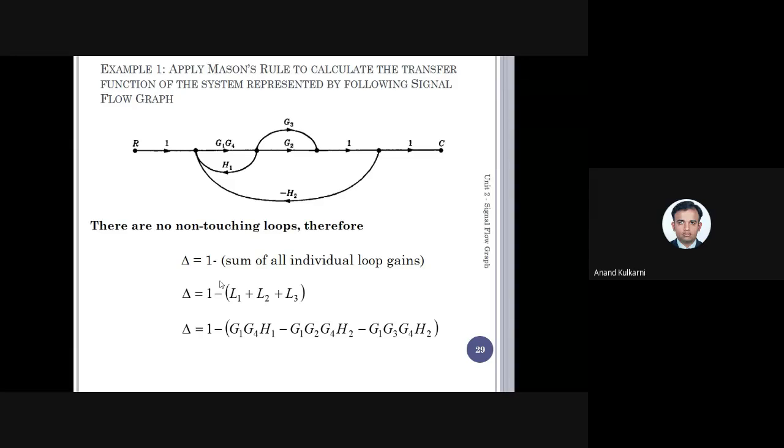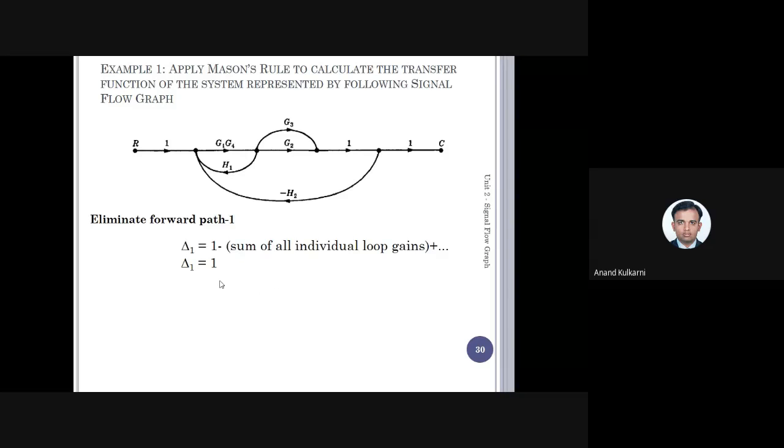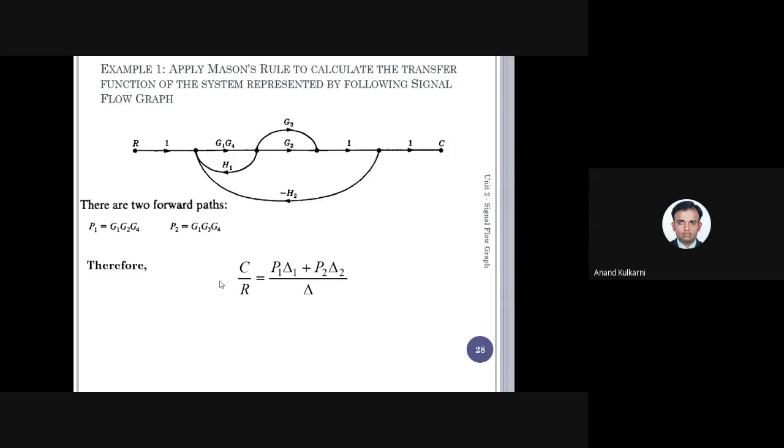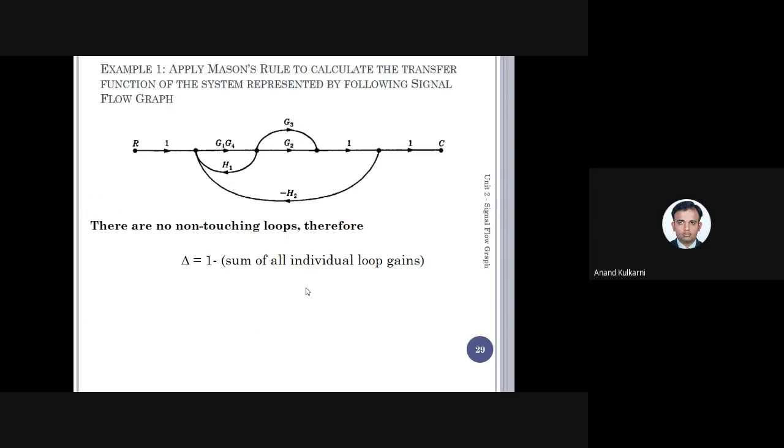We know P1, we know P2, we know delta. But next we'll have to find delta 1 and delta 2. P1 value is known to us, P2 value is known to us, and we know delta. Why? Because delta is nothing but 1 minus the sum of individual loop gains, plus the sum of products of loop gains, two loops taken into consideration which are not touching, but that is not available, so that is 0.